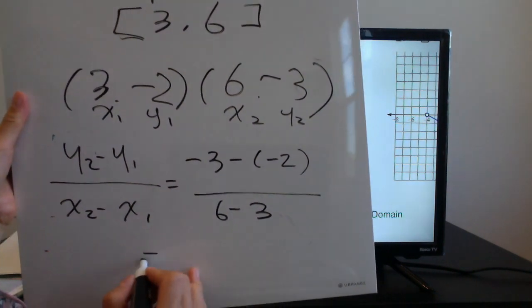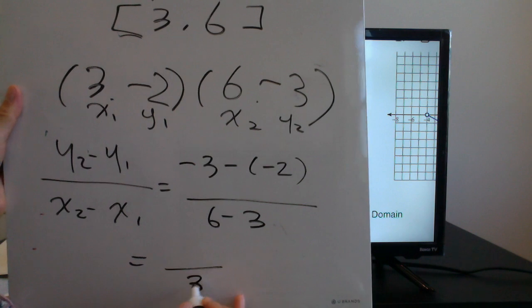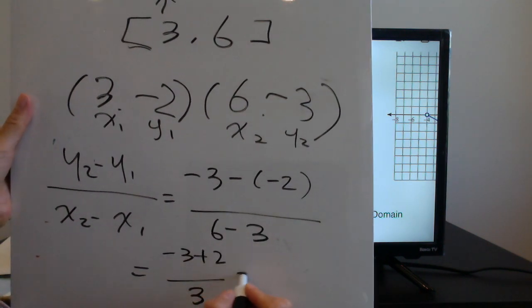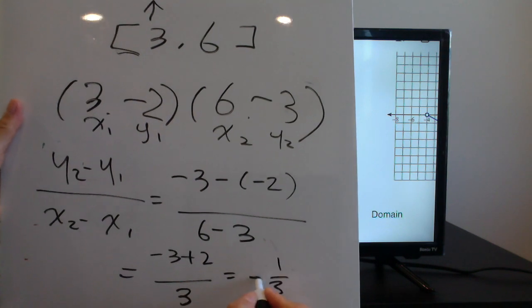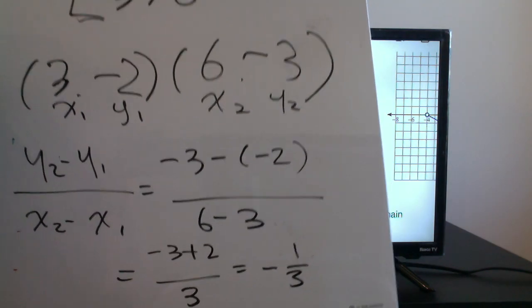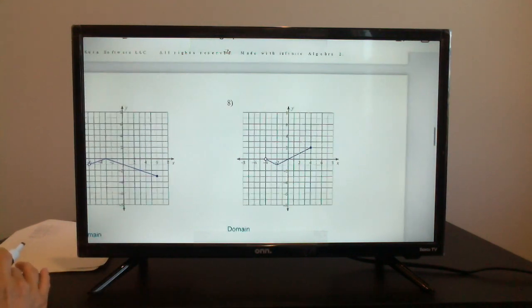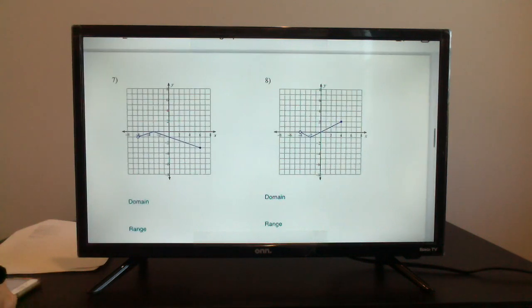Then this 3, this will be minus 3 plus 2. So the answer is -1/3. Yes. Okay. And the last. Okay. That's the last one.